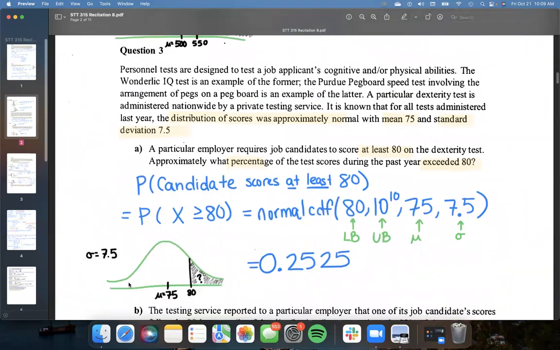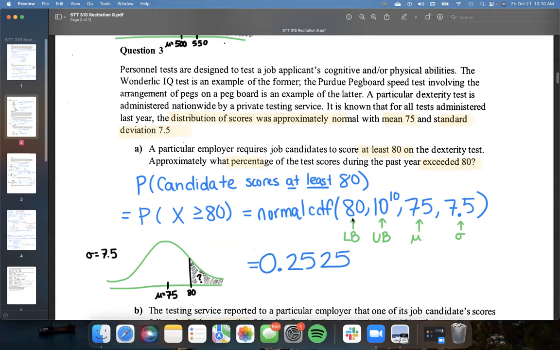And I like drawing my density. So we're given that the mean is 75 and our standard deviation is 7.5. And so here we're interested in the probability that x is greater than or equal to 80. So I'm going to put my 80 somewhere over here because it's larger than 75, and I'm interested in the area under the curve from 80 towards infinity.